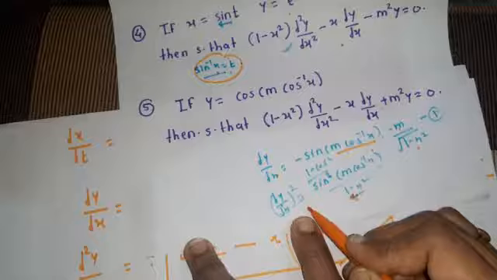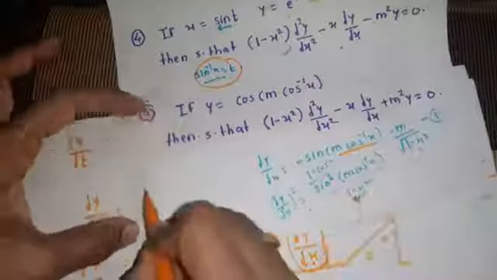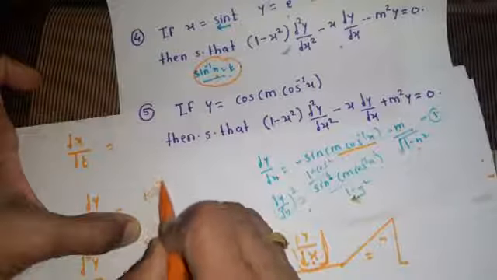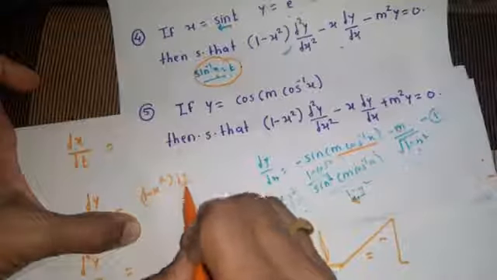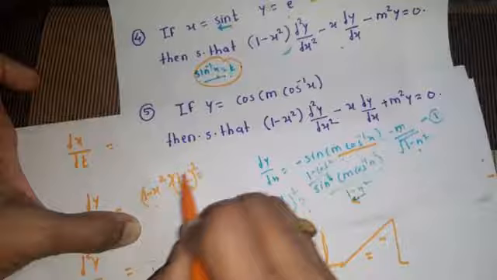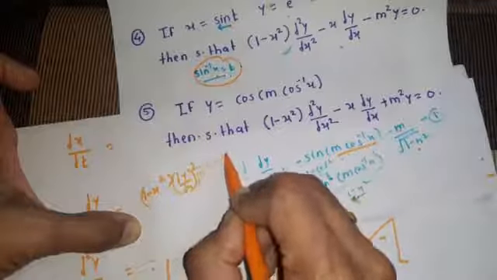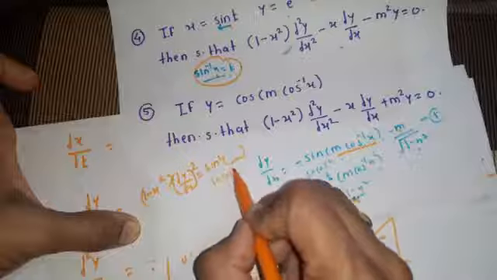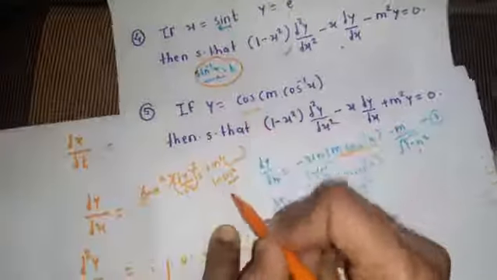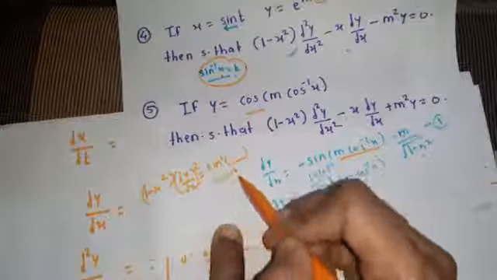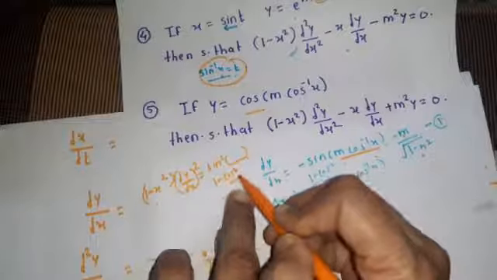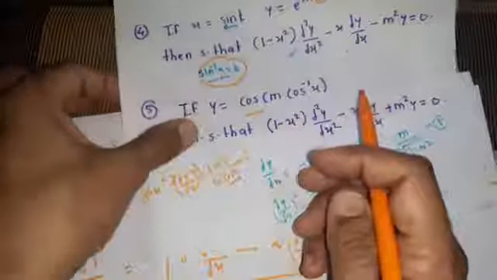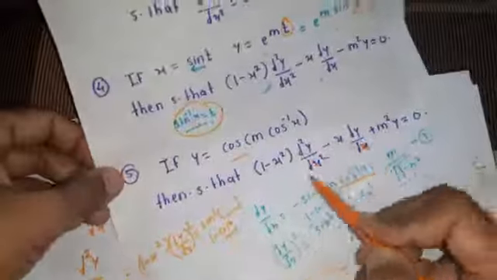Shift this 1 minus x square to that side, you will get 1 minus x square dy by dx whole square equal to sin square, the inner side term. But sin square is 1 minus cos square. Put the value of y here, you will get m square into 1 minus y square. Then differentiate, you will get the required proof.